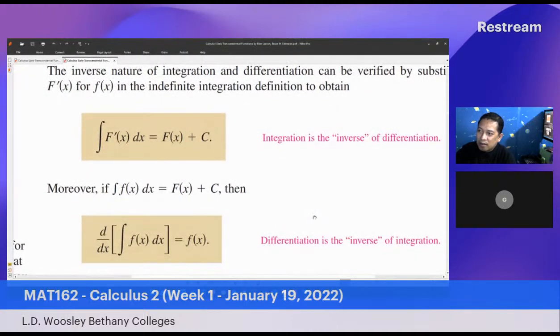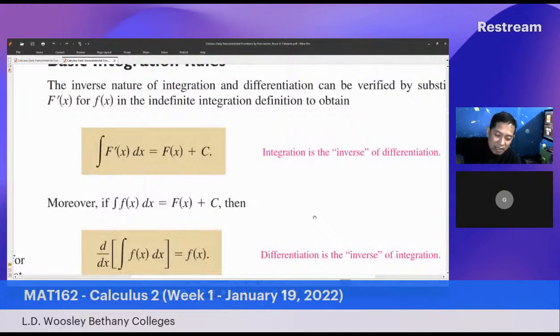Nagkakaroon lang ng maraming antiderivative, pero yung derivative of a function, iisa lang yun. Kasi pag kinuha mo yung slope, isa lang naman yung slope at a particular point of a curve. Definite siya. Kaya pag kinuha mo yung differential ng isang function, isa lang siya. Pero pag kinuha mo yung antiderivative o yung integral ng isang function, meron kang constant. Bakit? Kasi hindi mo alam yung area eh.